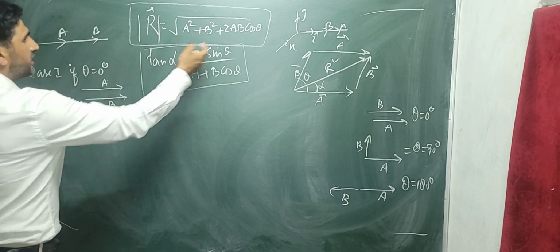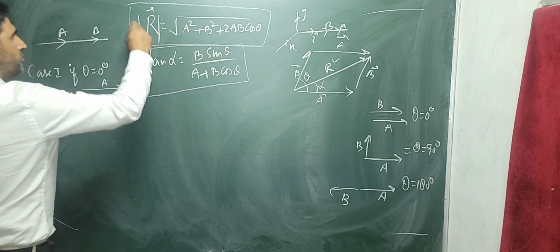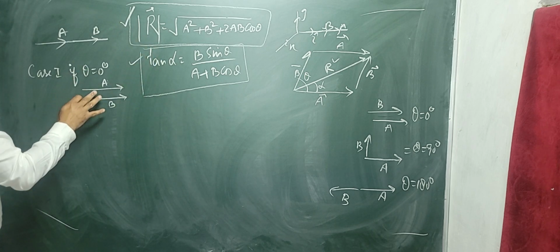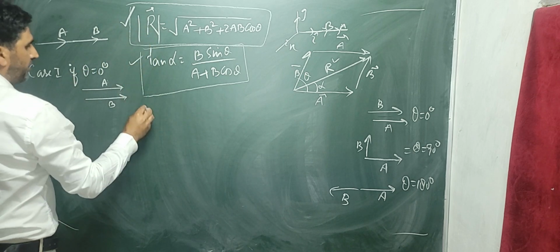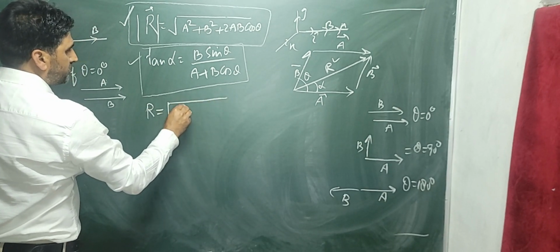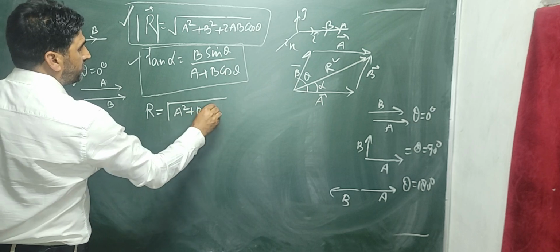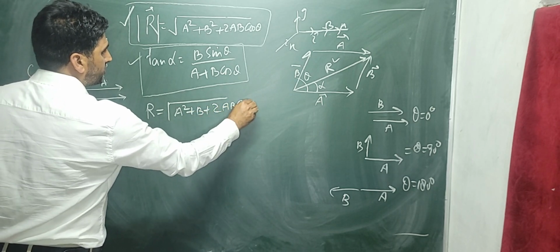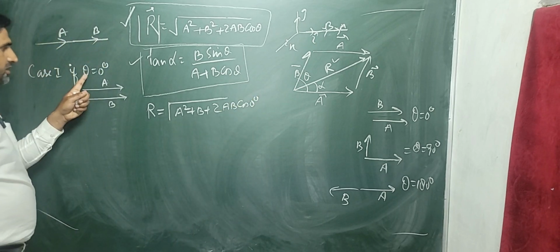Now using theta equal to 0 in these two formulas, we get the magnitude part and direction part. So when theta is equal to 0, two vectors are parallel, then what will be the value of R? R will be under root of A square plus B square plus 2AB cos of 0 degree, because you are taking theta 0.